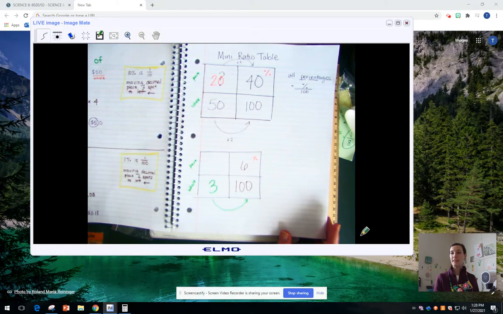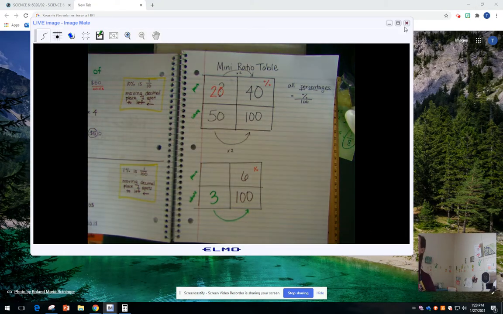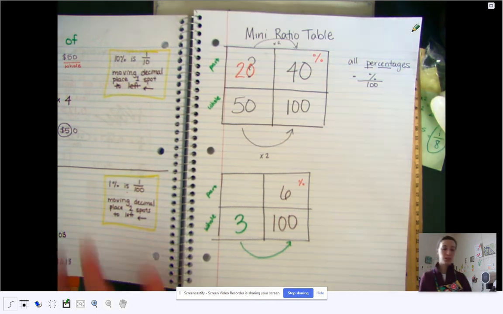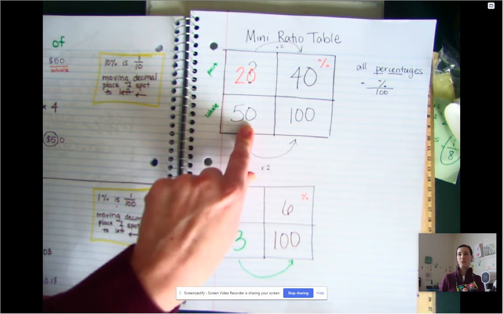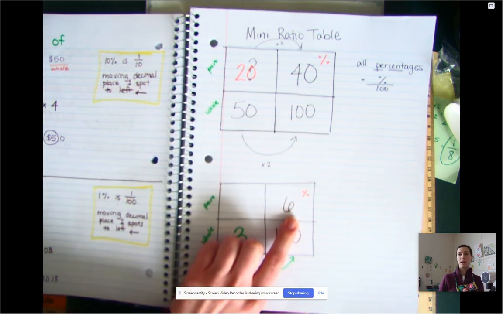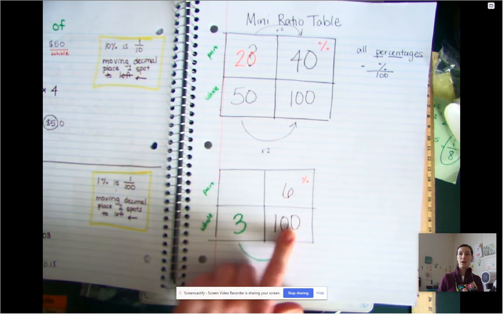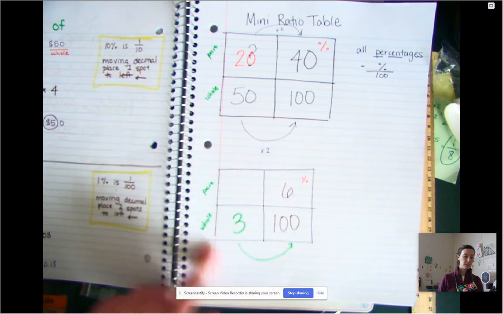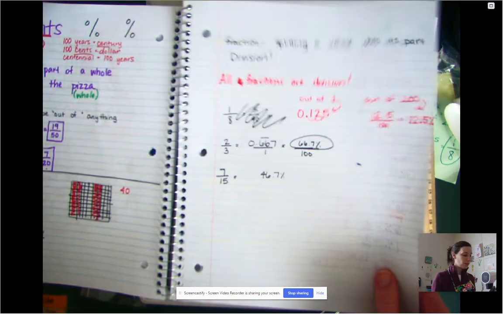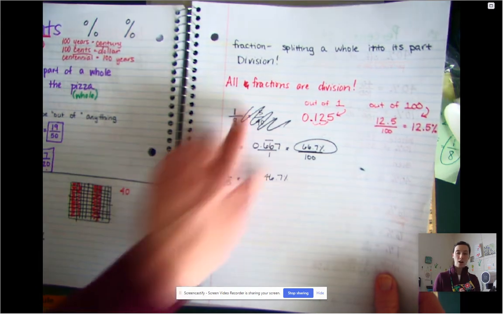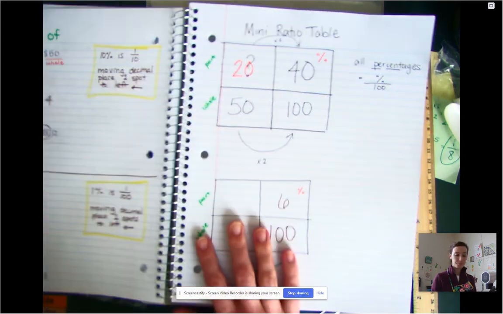Everybody. So when we left off before, we had just finished using this to figure out what 40% of 50 was, and then we were talking about how we have to think a little differently when we're doing it like this because there's not an easy way to go back and forth. So recall when I told you that all fractions are division.